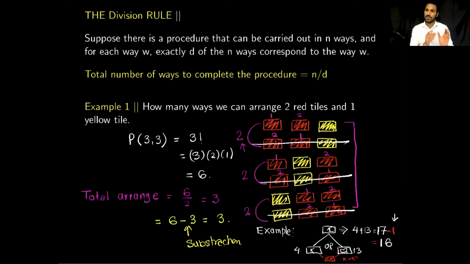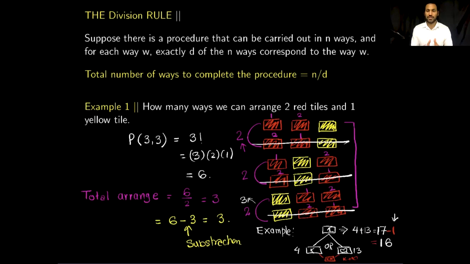Also, in the division rule, if all the groups have the same number of repetitions, then we use the division rule. But if, for example, you have 2 and there are 3 ways corresponding to this, then we won't be able to use the division rule.